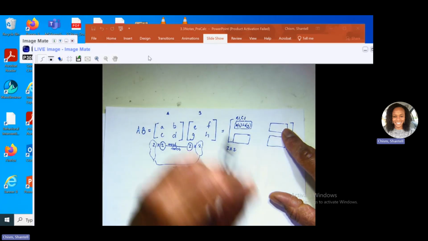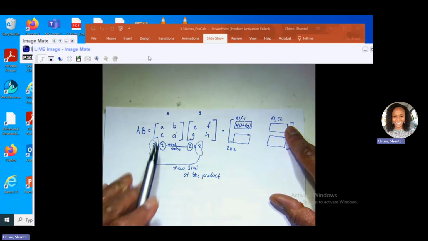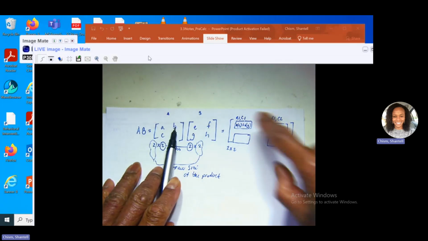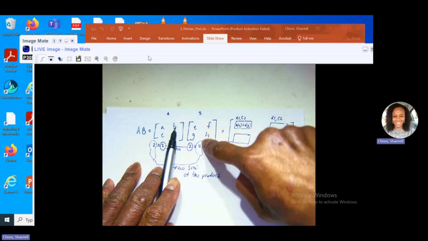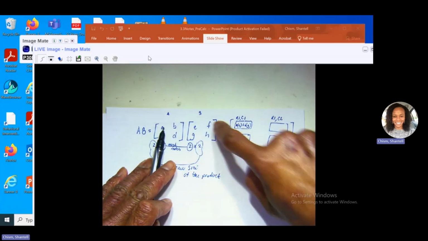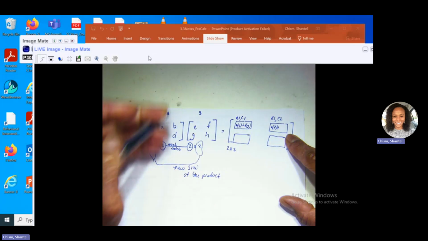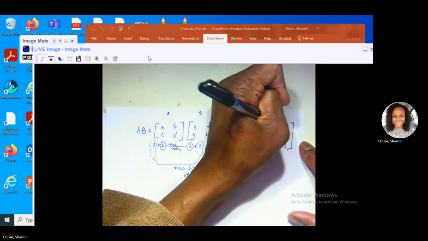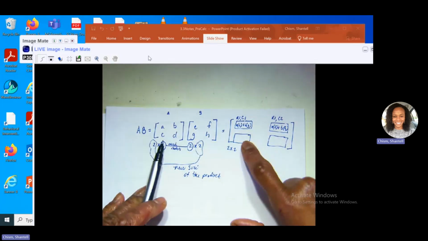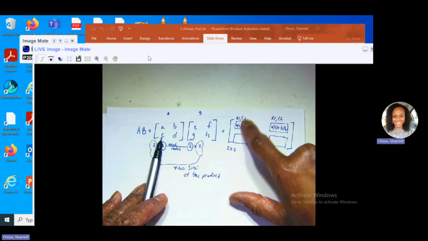You always use the rows of the first one, columns of the second. So for this one, this would still be row 1, but it's column 2. So it would be A times F, first element times first element, plus B times H. Then here, this second row, this is row 2, column 1.